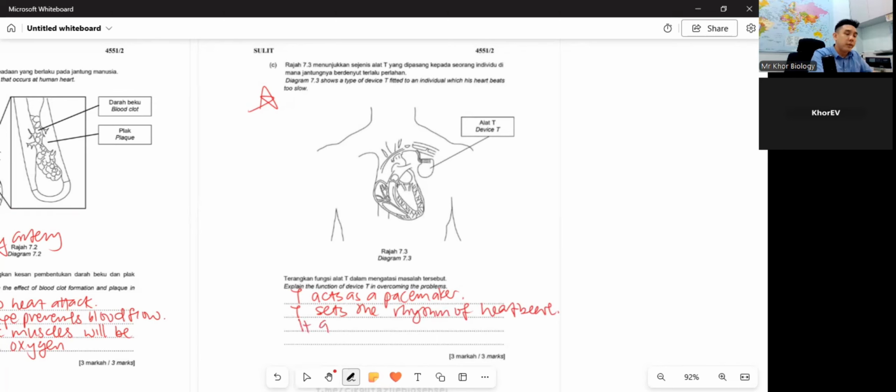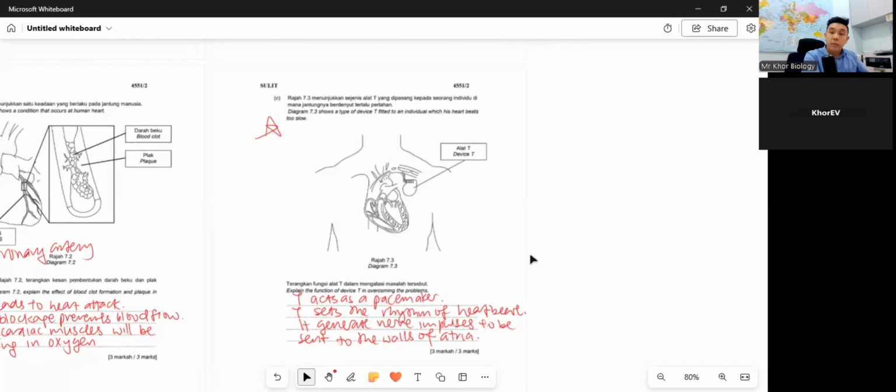Okay, it generates nerve impulses to be sent to the walls of the atria. So this one is from Form 4 Bab 10.